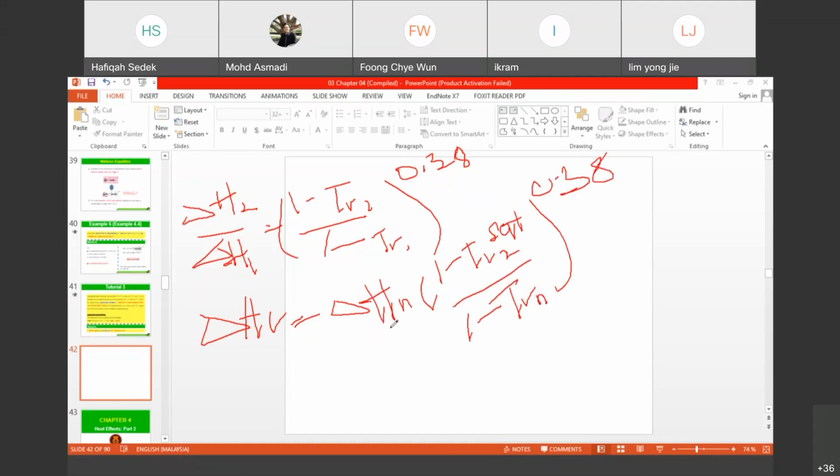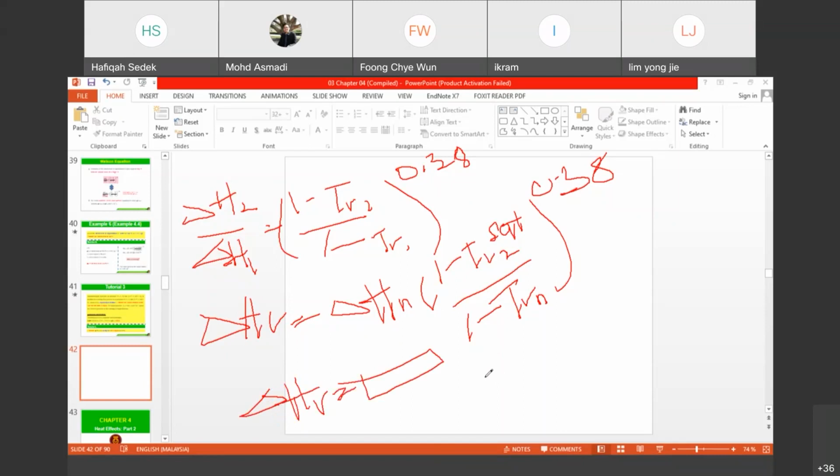Delta Hn you calculate from the Riedel equation, TRn also from Riedel, TR2 you have to calculate because T2 is given. Once you determine delta H vaporization, you can proceed.